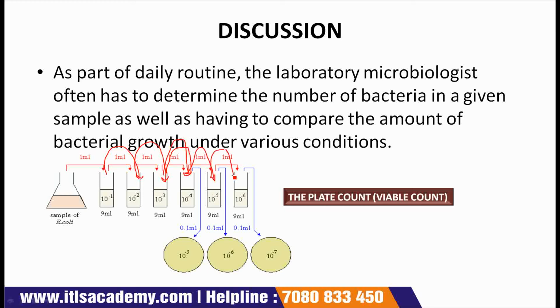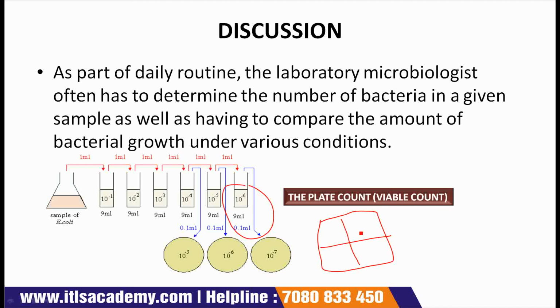This process continues till we get the last concentration. This is the plate count method, or viable count method. When you get this final concentration, you have to pour it on the counting meter and count the cell number.